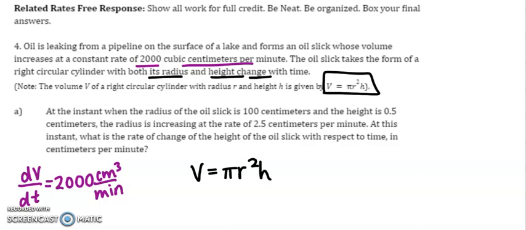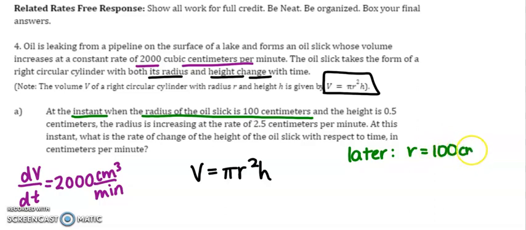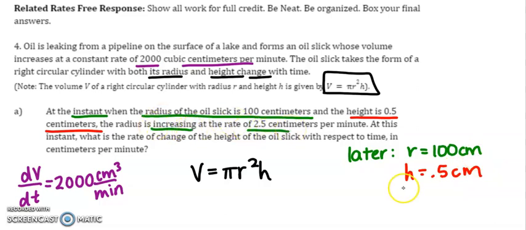Okay, so at the instant when the radius is 100 centimeters and the height is 0.5 centimeters, the radius is increasing at the rate of 2.5 centimeters, so positive 2.5 centimeters per minute.